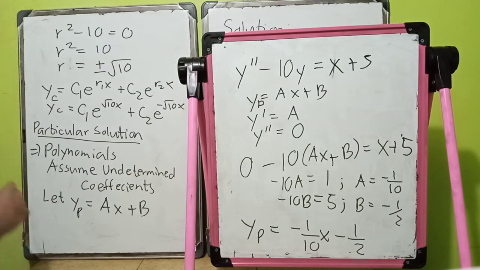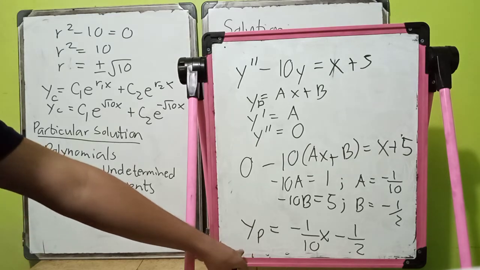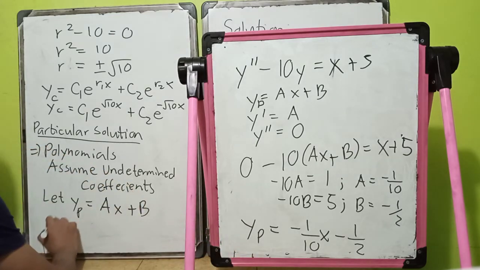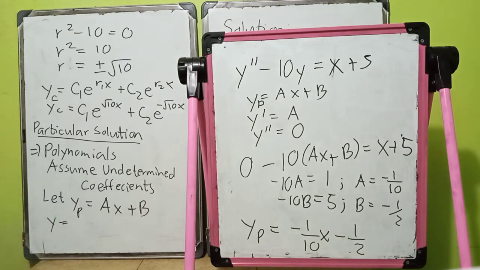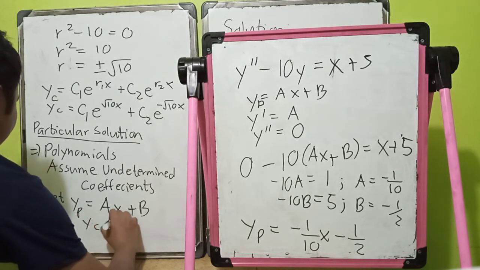Okay, so let's bring it here. Since we get the yp, the solution will be y is equal to yc plus yp.